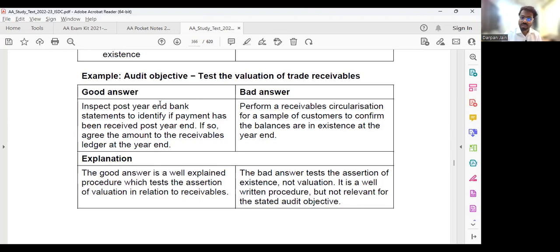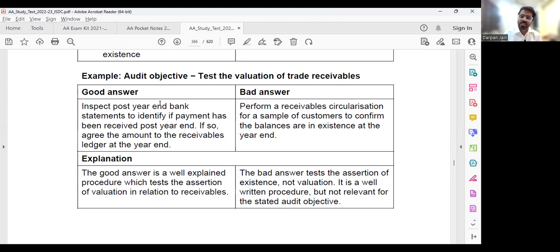That's valuation. Now, how do you know whether that value which is being shown as at the year end is correct or not? As I told you earlier also, when do you do audit? You do audit after the year end. Let's say the year end is 31st December 2022.